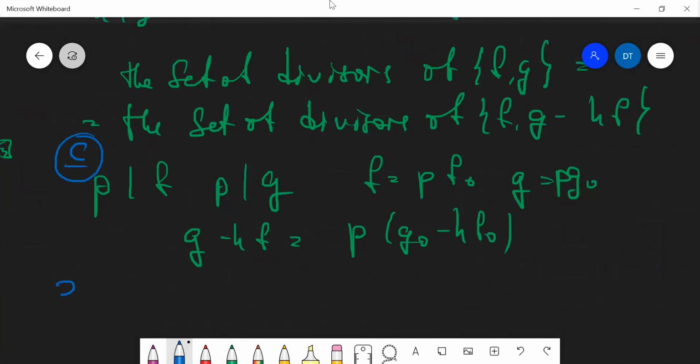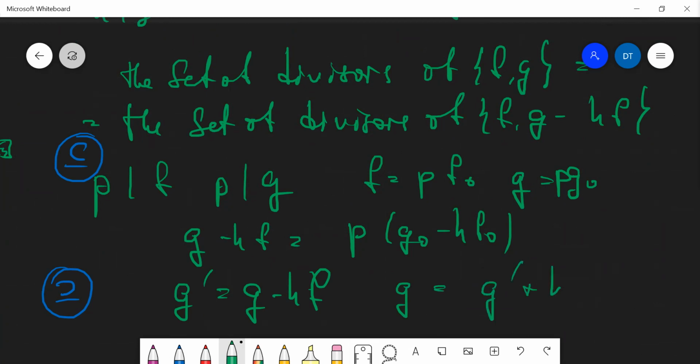If you want to prove the opposite one, then you denote this polynomial by G prime. Then the polynomial G is of the form G prime plus HF. So the argument is exactly the same when you need to prove the inclusion in the other direction.